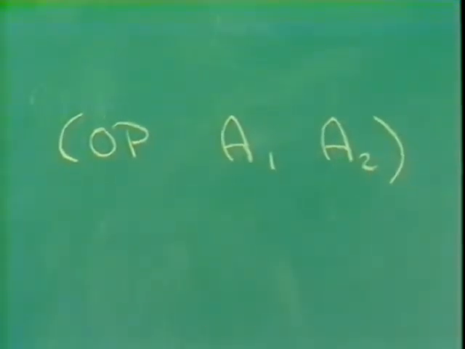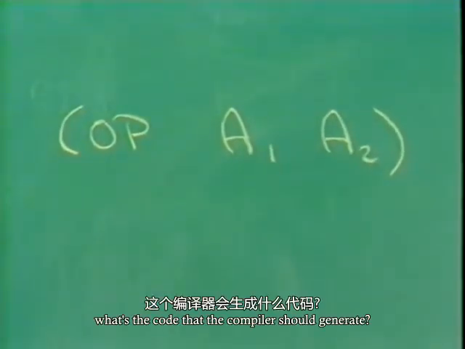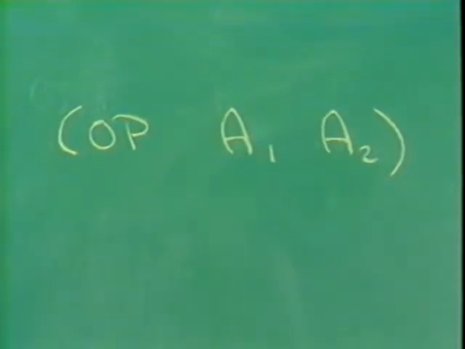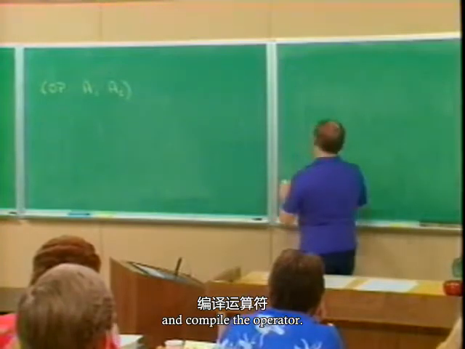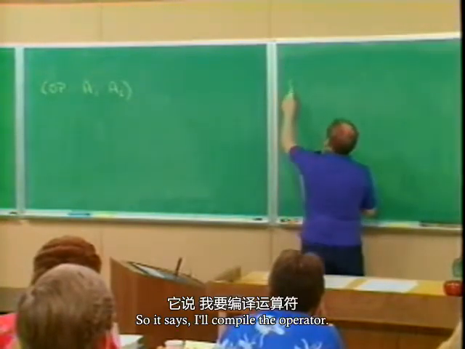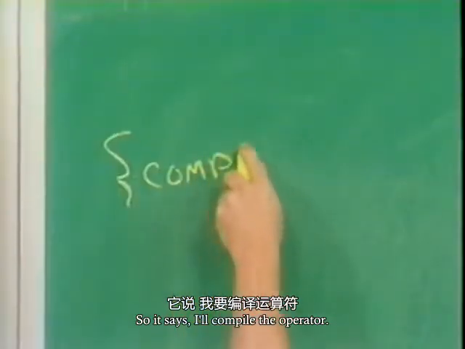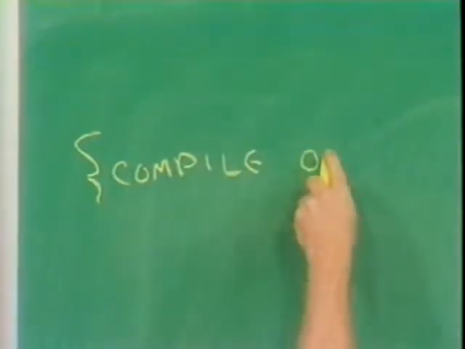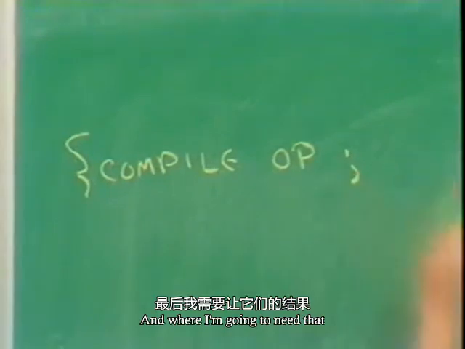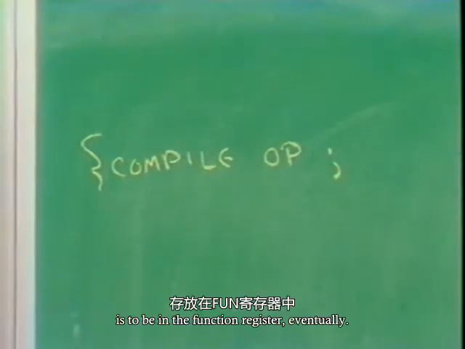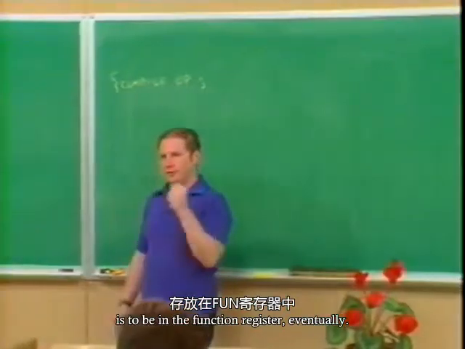Now, what's the code that the compiler should generate? Well, first of all, it should recursively go off and compile the operator. So it says, I'll compile the operator, and where I'm going to need that is to be in the function register eventually.